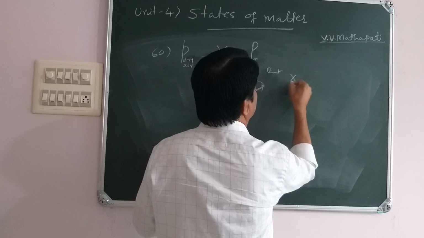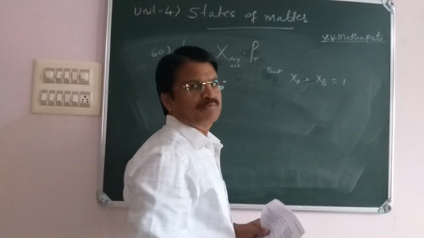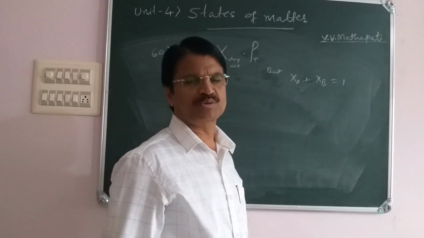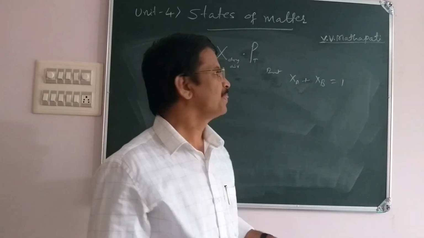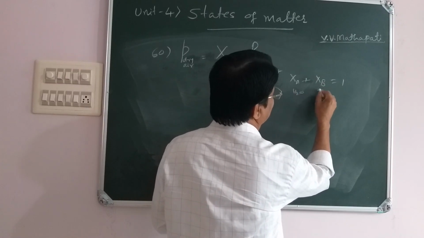But you know the formula, XA plus XB equals 1. The mole fractions of A and B sum to 1. This you studied in the solutions topic in second year. Here, the mole fraction of water and the mole fraction of dry air.